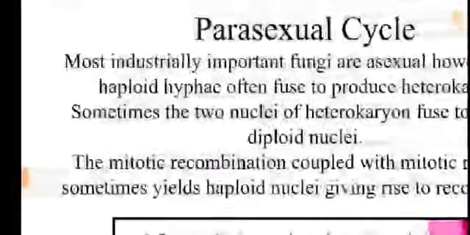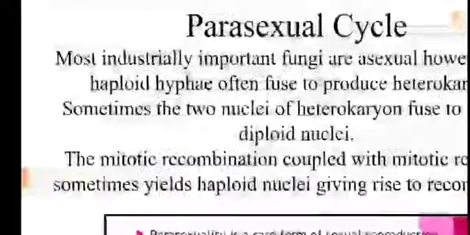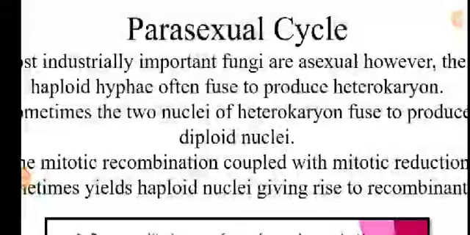Most industrially important fungi are asexual; however, their haploid hyphae often fuse to produce a heterokaryon. Heterokaryon means a cell having nuclei from two different hyphae. Two different nuclei are present in the same cell.